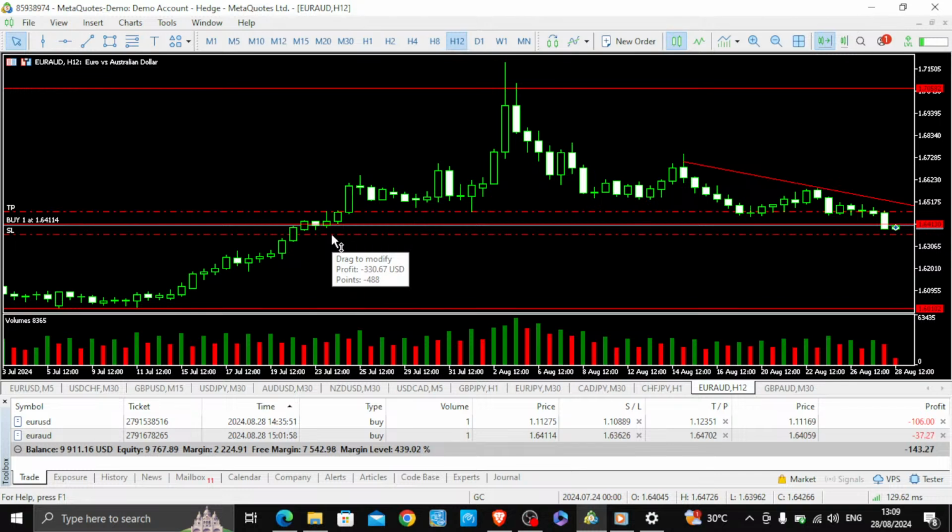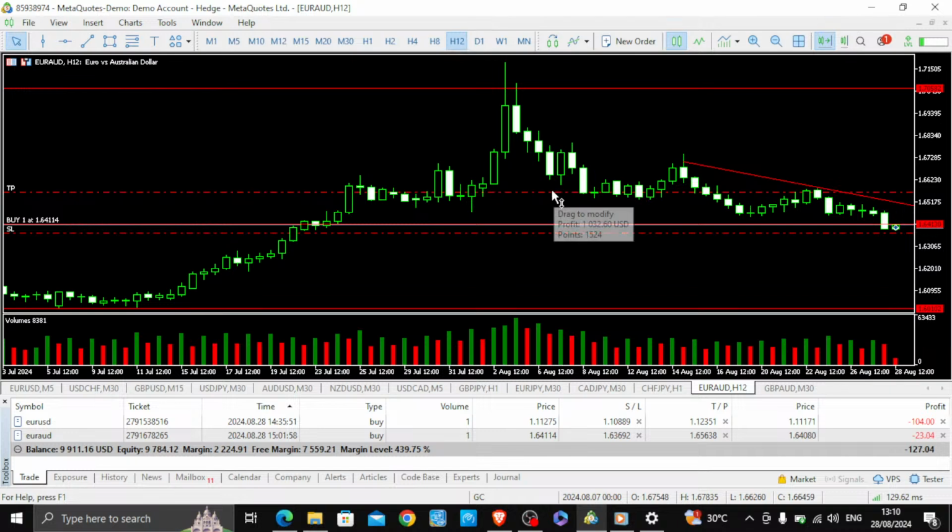Okay, our stop loss is like $285, so two times that should not be less than 600. Here is giving us 1,000 something, $1,032 profit.